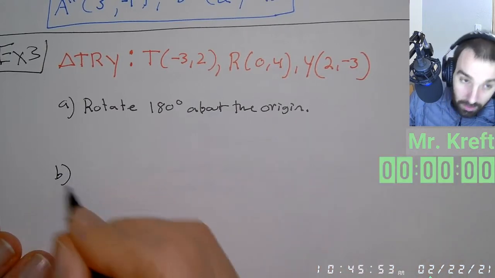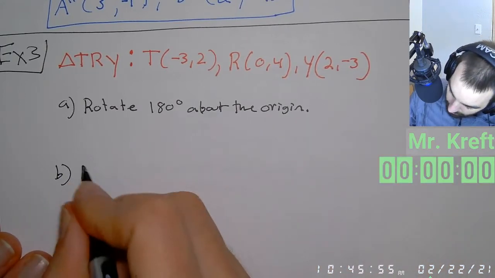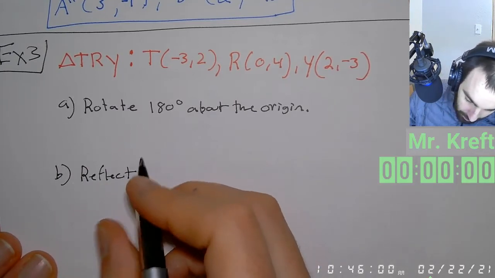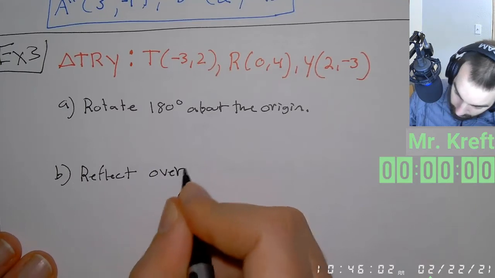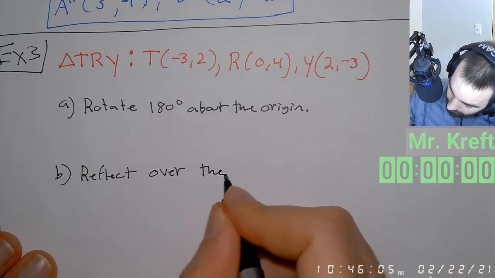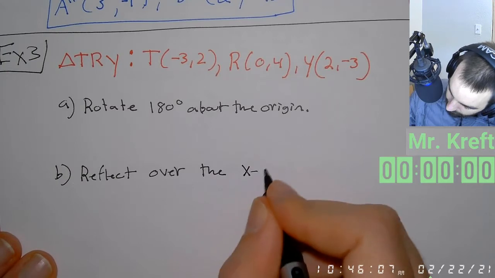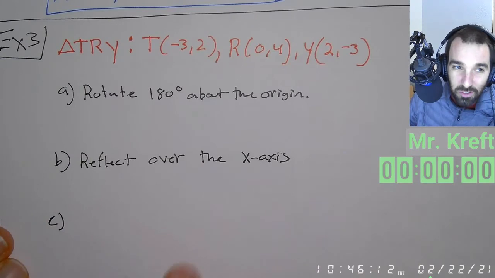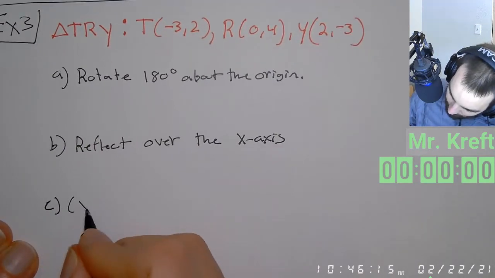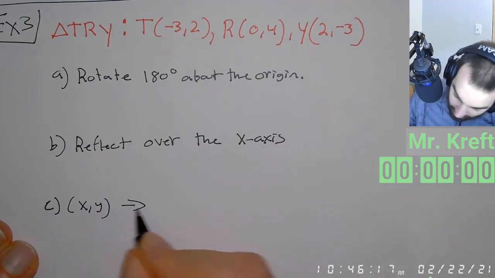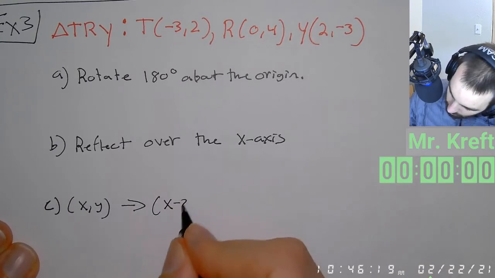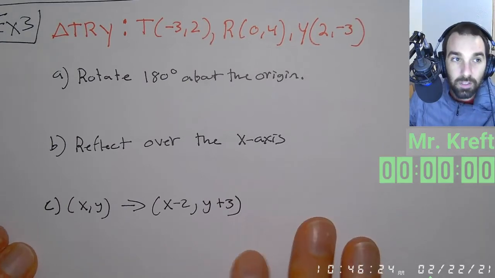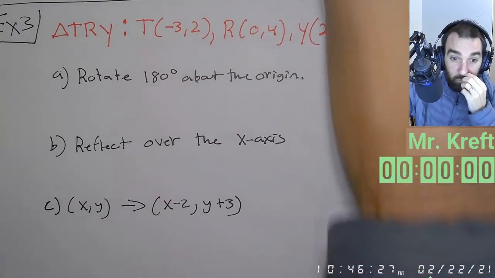Okay, and then B, you're going to reflect over the x-axis, and then C, ooh, 3 transformations. You're going to take every point x, y such that x minus 2, y plus 3. Okay, so this one has 3 parts to it.